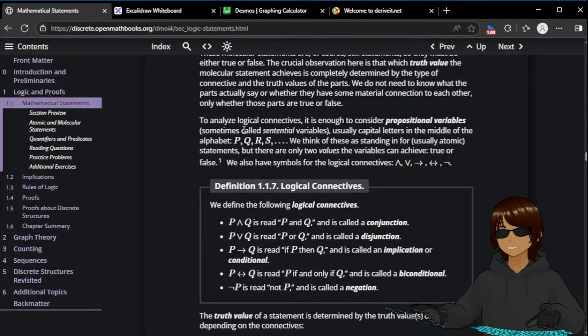To analyze logical connectives, it is enough to consider propositional variables, sometimes called sentential variables, usually capital letters in the middle of the alphabet: P, Q, R, S. We can think of these as standing in for usually atomic statements, but there are only two values the variables can achieve, true or false.